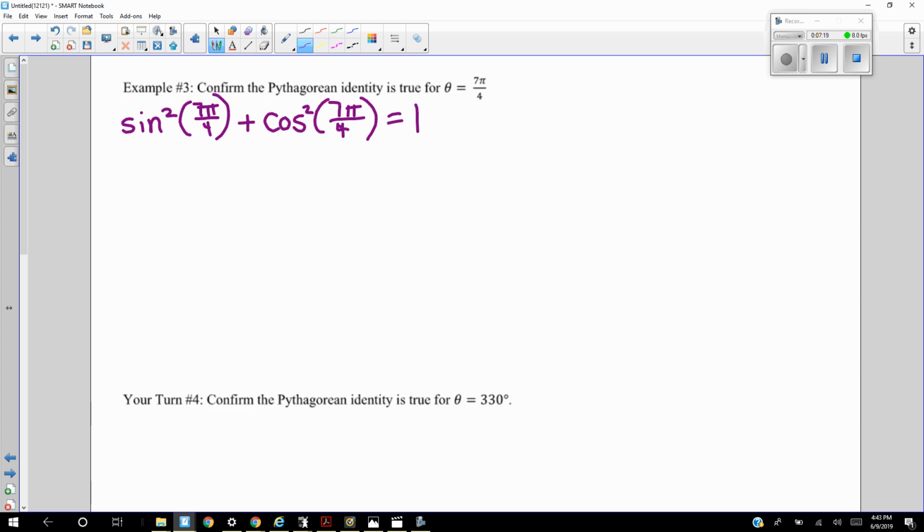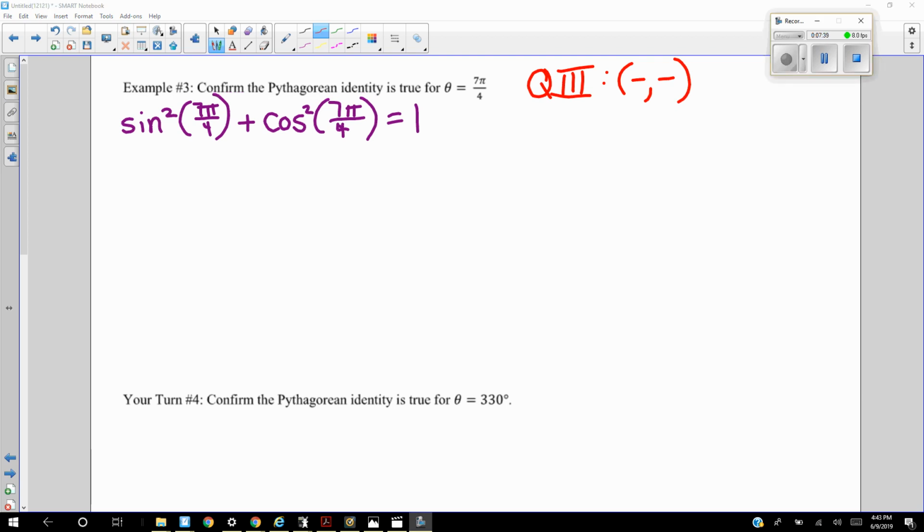So 7 pi over 4, find that on your unit circle. That's equivalent to 1 3/4 pi, so it's a 45-degree reference angle, but it also means we're in quadrant number 4, where x is positive and y is negative.